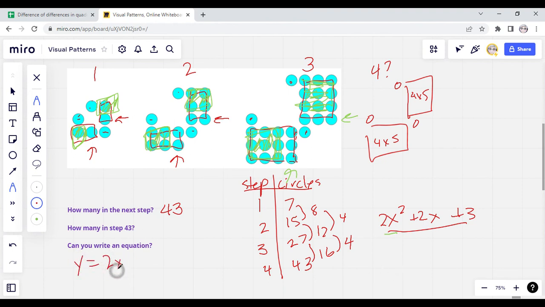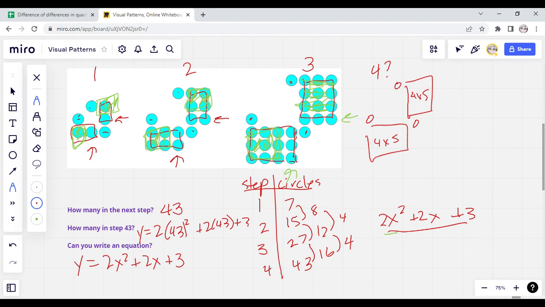That was pretty tough. So if you got to this, I think you should feel pretty proud of yourself. Now, to get to how many in step 43, we have y equals 2 times 43 squared plus 2 times 43 plus 3. So there's a lot of calculation to be done there. I'm going to pull out my calculator for this.